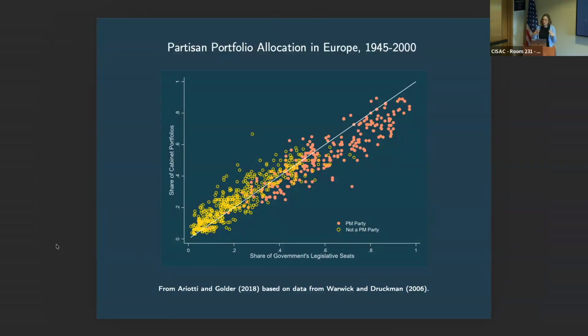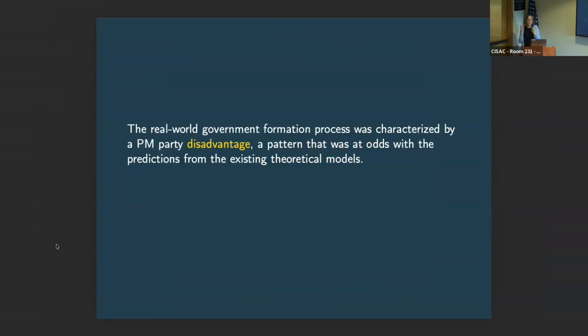What we should see, according to the bargaining models, is those pink parties up above the line and the yellow parties below. And in fact, we see the opposite. So we have this real world government formation process, seen repeatedly in various studies, that's actually characterized by a prime ministerial party disadvantage, which is at odds with the predictions of the existing theoretical models.